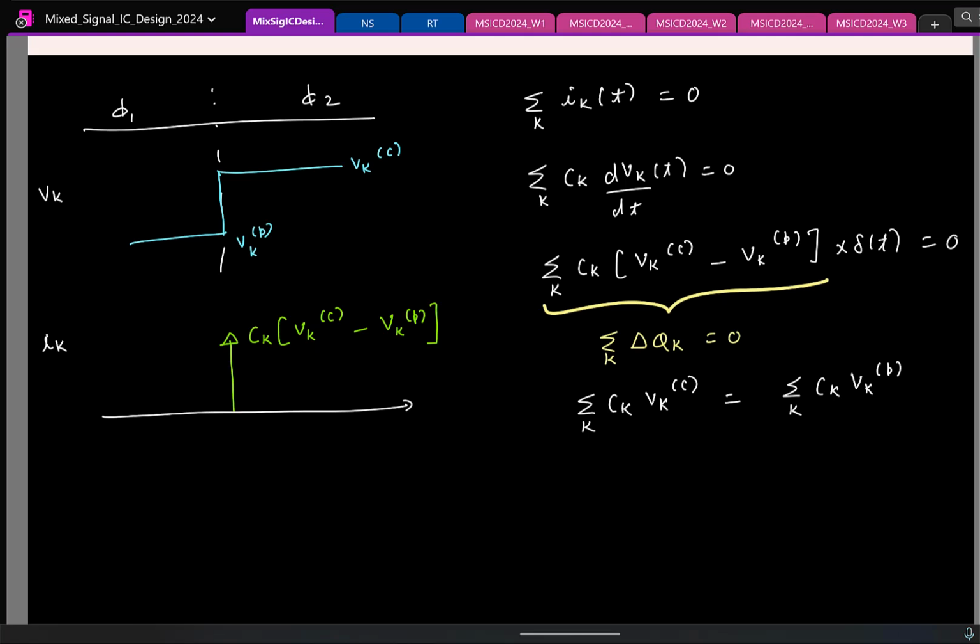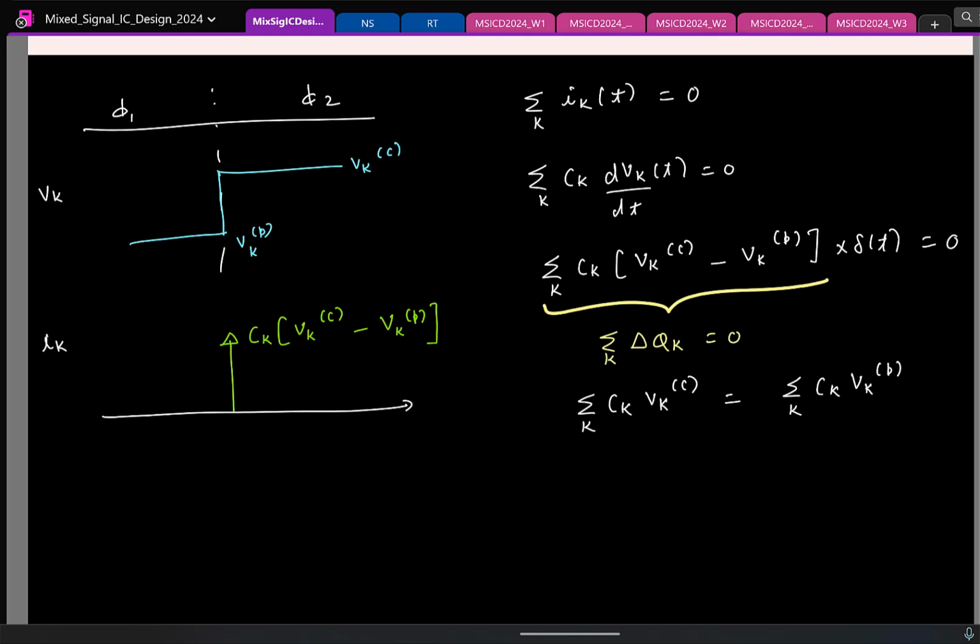So just that, as usual, you start with KCL. If you have ideal switches and capacitors, the currents look like impulses. So KCL boils down to simple charge conservation. But otherwise, this is the ultimate mantra for solving any lumped circuit.